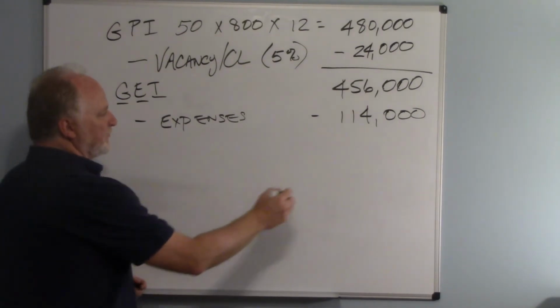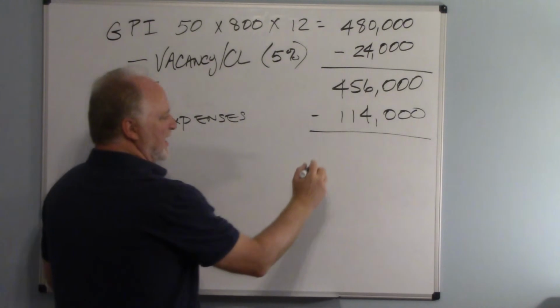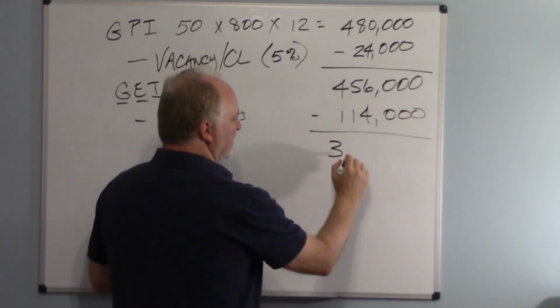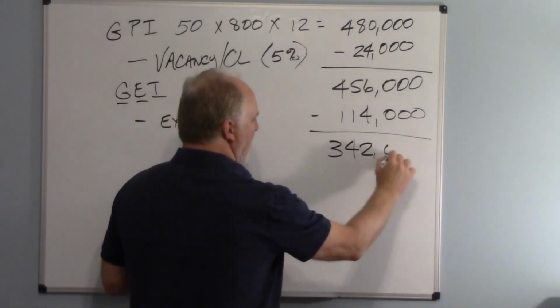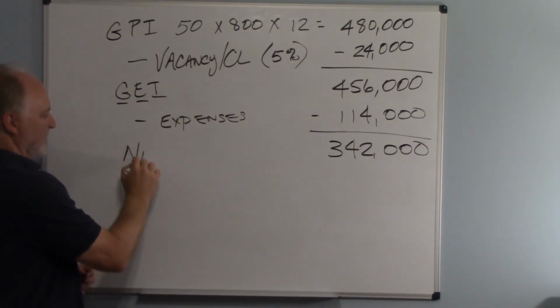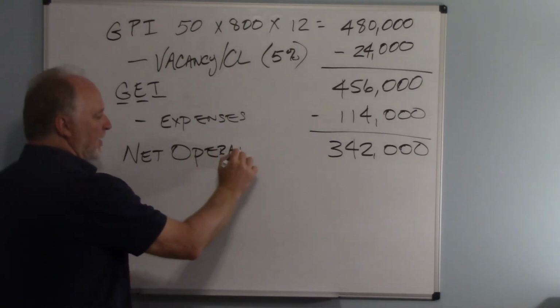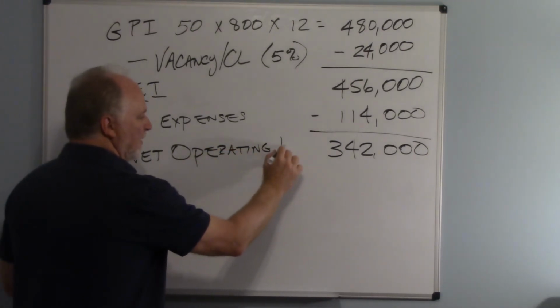Now, watch this. Gross minus expenses, in this case, $342,000, is what we refer to as your net operating income.